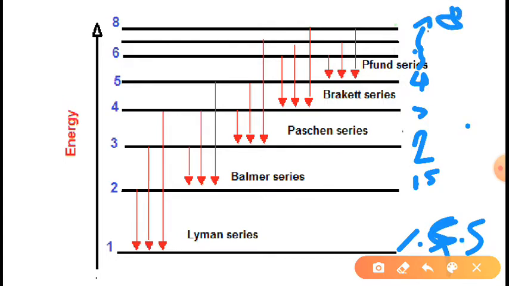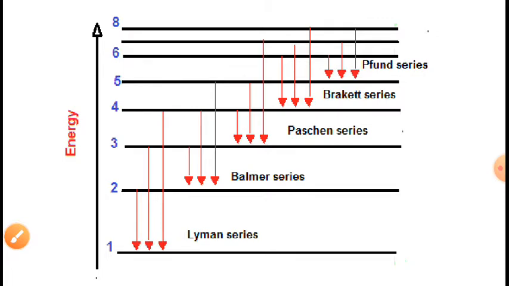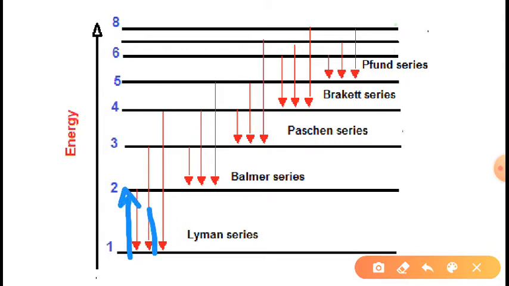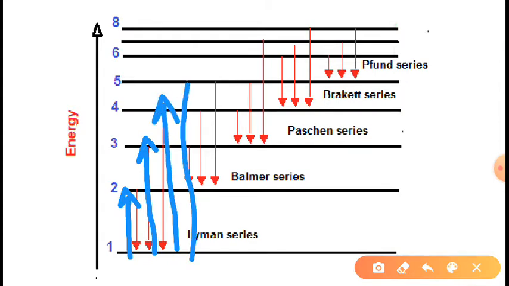So when we have supplied energy to the hydrogen present in that container, they have consumed energy, and by taking the energy, some of them have reached the first excited state, some have reached the second excited state, some the third, like this, fourth, fifth, sixth.